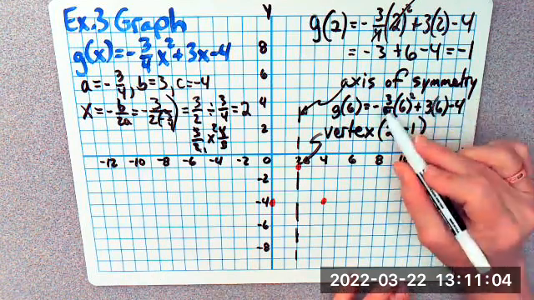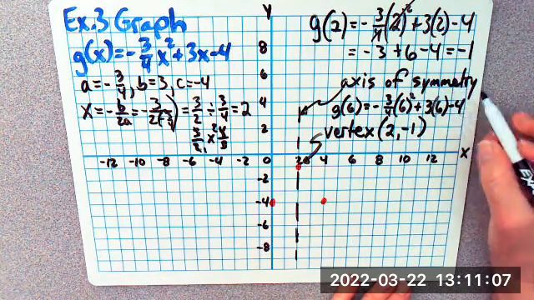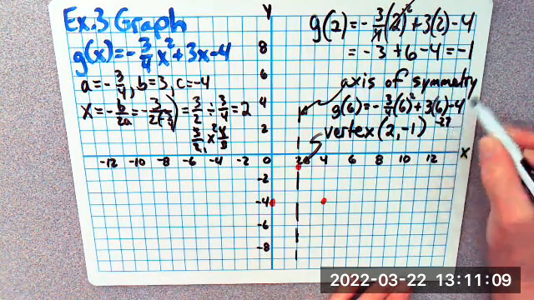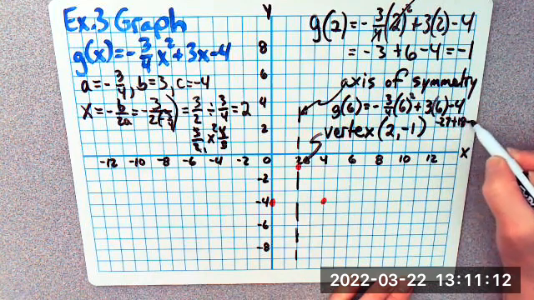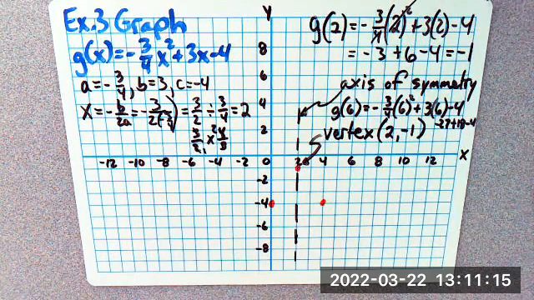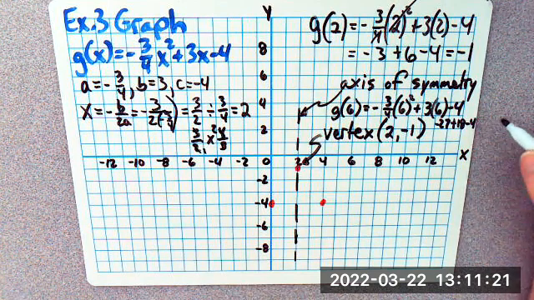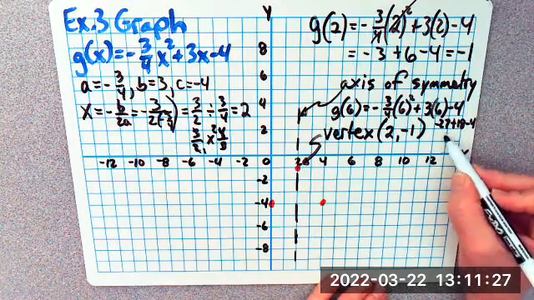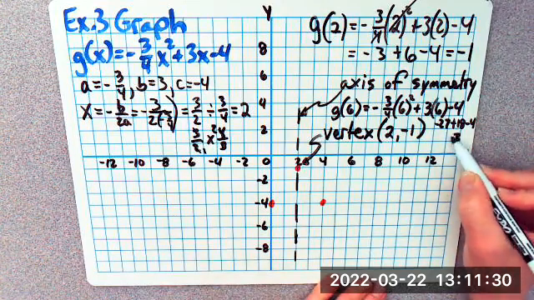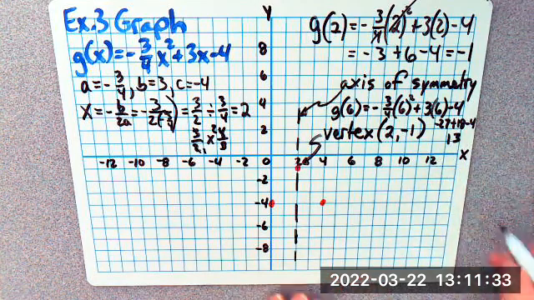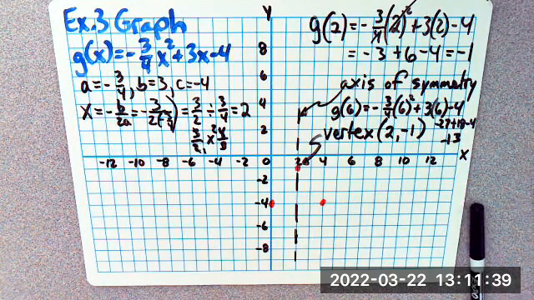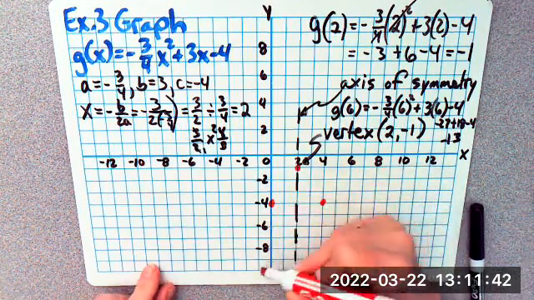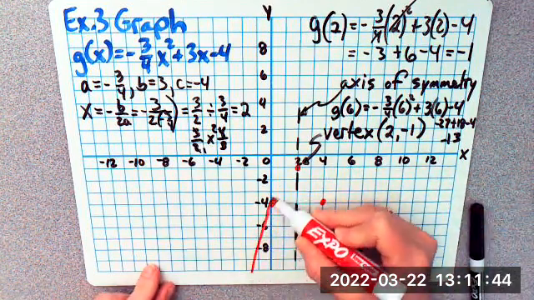So we have negative 3 times 9, which is negative 27 plus 18 minus 4. That gives me negative 31 plus 18, so 31 minus 18 gives you 13, and that's going to be negative. So yeah, we're off the graph. That's what I was concerned about. So this is one of those where we are going to do just 3 points.